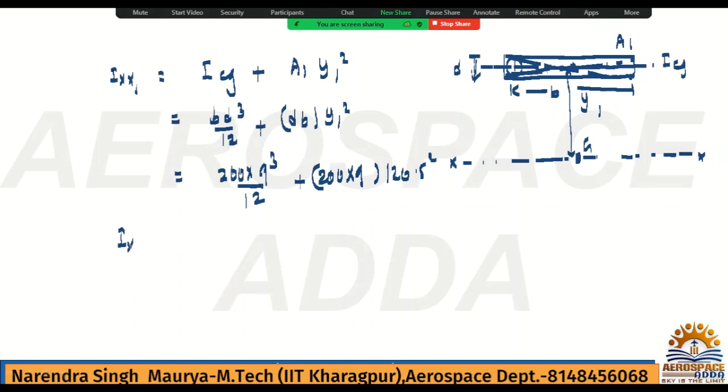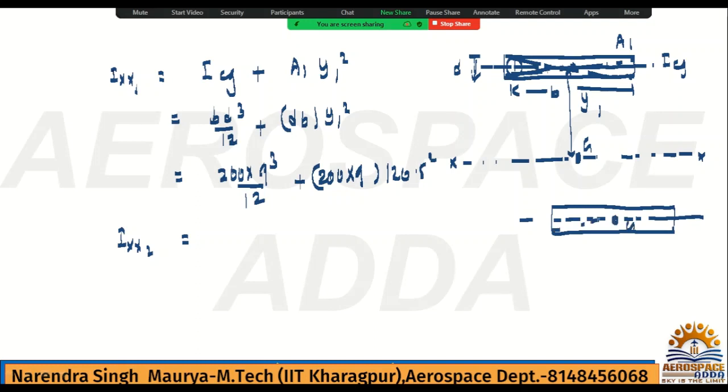Similarly you can calculate IXX2. For box 2, here we have a capital G centroid, and at the same time the CG for this box is here only. So if you apply the parallel axis theorem here also, fortunately it is symmetric, hence Y2 will be 0.